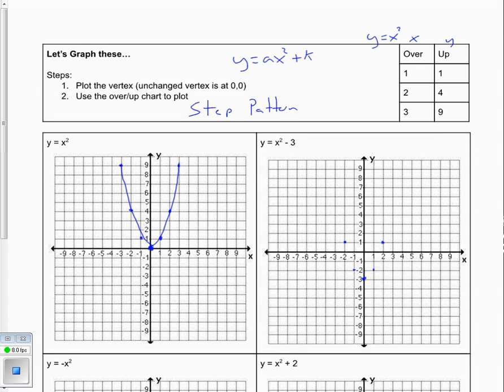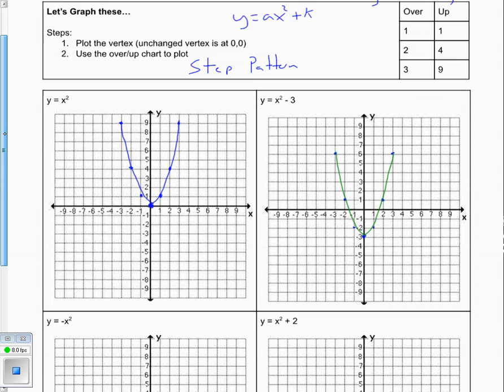And I can still go over 3, up 9, in order to make my parabola. Now I'm just going to connect my dots. So again, when you shift the k value, you either shift the parabola up or down. Let's continue on.